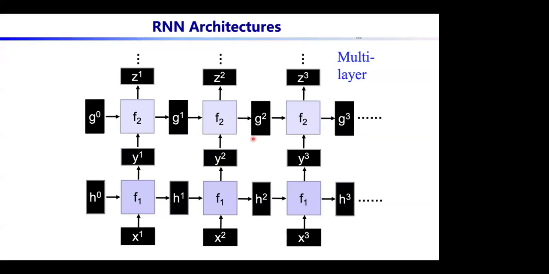If you have multiple layers of RNN, you increase the computational load very quickly. That's why you rarely see a multi-layer RNN, precisely because of the need for more computing power.